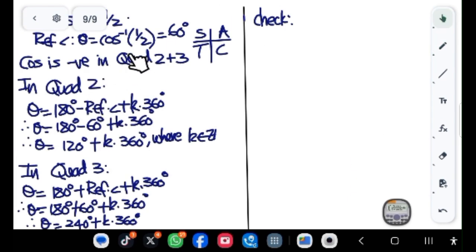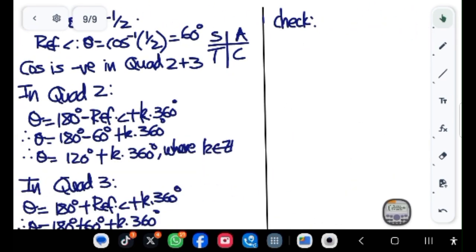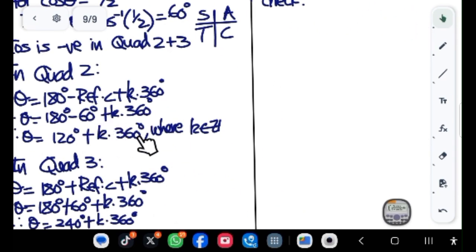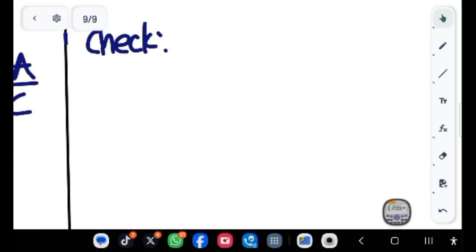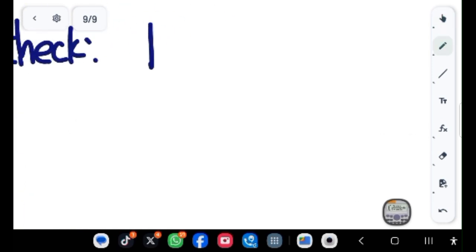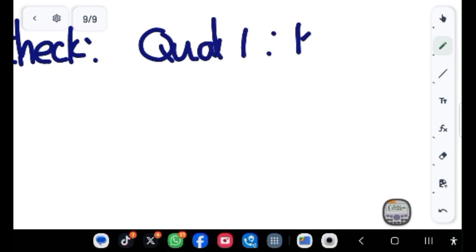Okay, let's check for 120 degrees, with k equals 2.